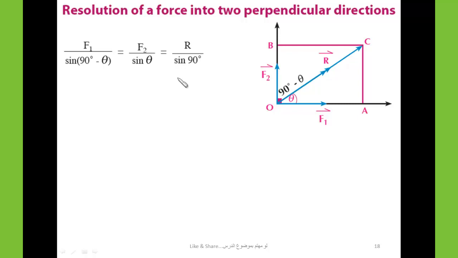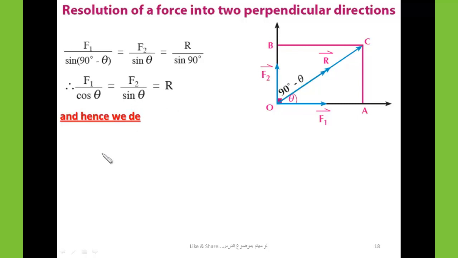Sine of 90 minus theta equals cosine theta, and sine 90 equals 1. So the sine rule will be in this form: F1 over cosine theta equals F2 over sine theta equals R.